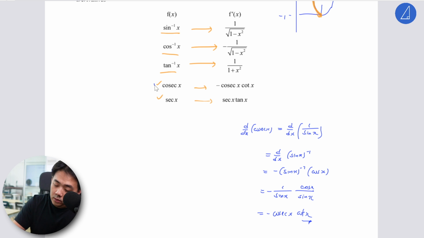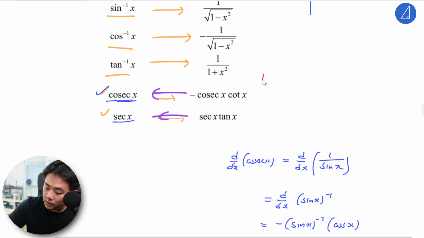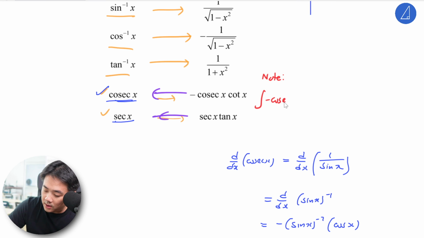Okay, so also remember that because you differentiate cosecant x, it gives you this guy, right? So you have to understand that differentiating secant squared gives this guy, right? You have to understand that you integrate. So note that integrating negative cosecant x cot x dx will be cosecant x.